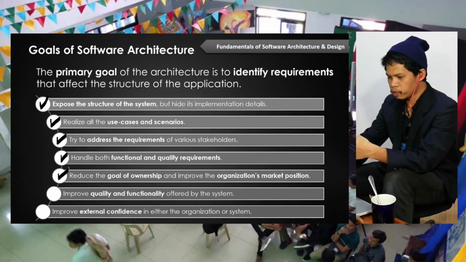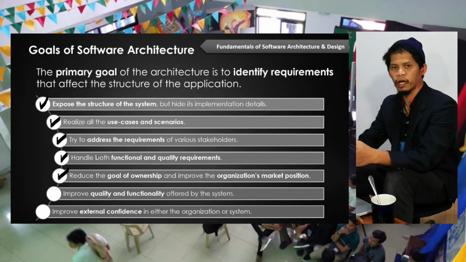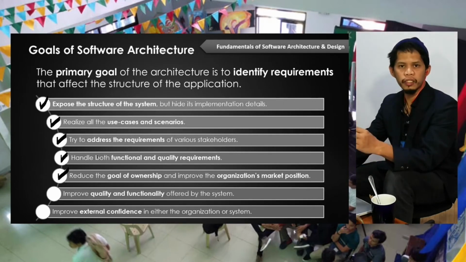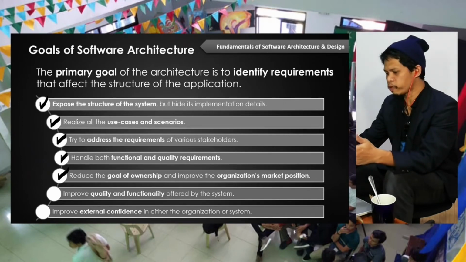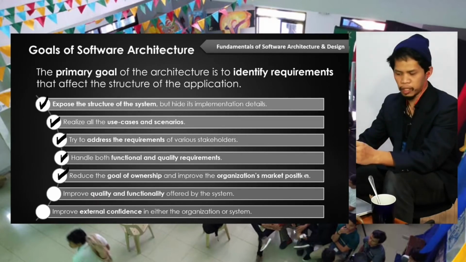Next, reduce ownership and improve the organization's market position. The software architect should reduce their ownership in decision making and give opportunities to the software developers to contribute in decision making, thus improving the organization's market position because of the sound decision making.